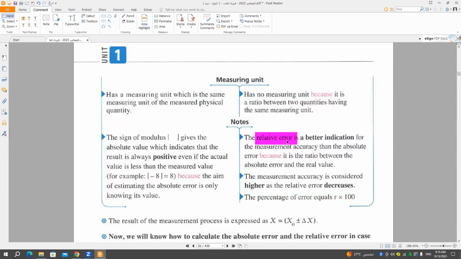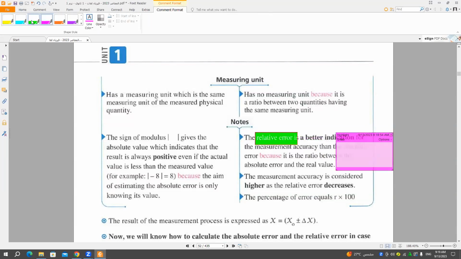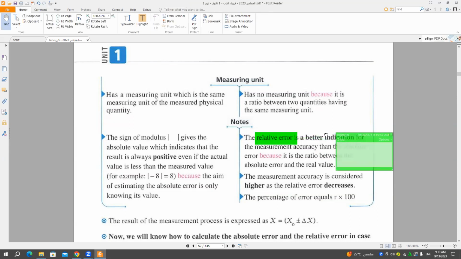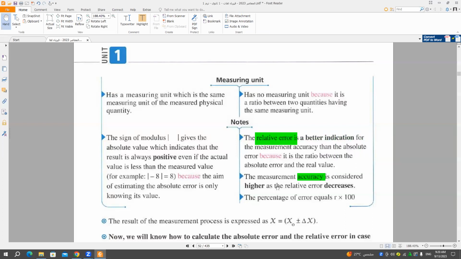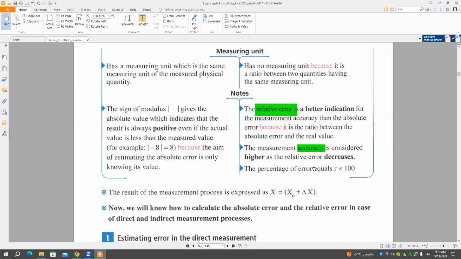A smaller value of the relative error means higher accuracy. So if you want higher accuracy, you must get a relative error with a smaller value. The percentage of error equals the relative error times 100.